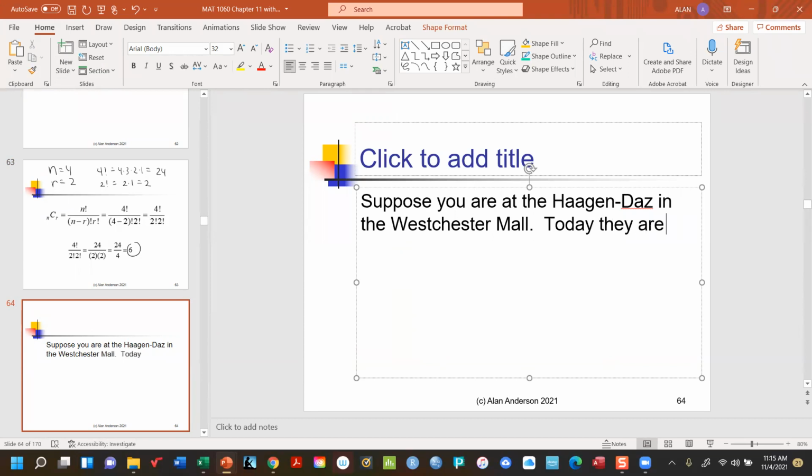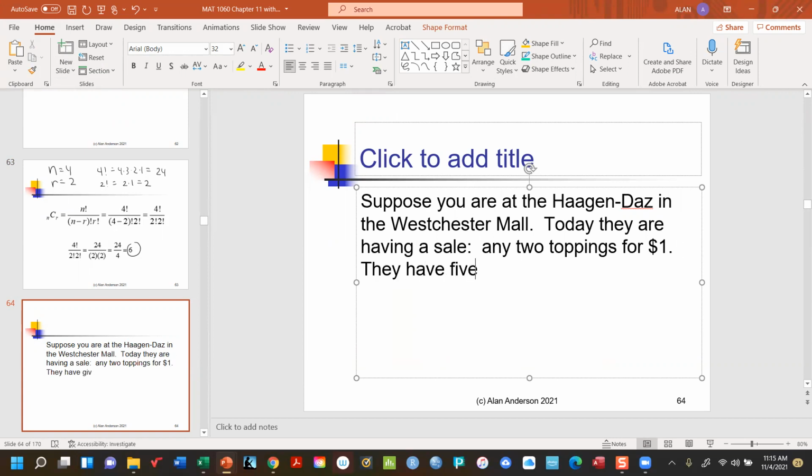Today, they are having a sale. Any 2 toppings for $1. Okay, they have 5 toppings to choose from.